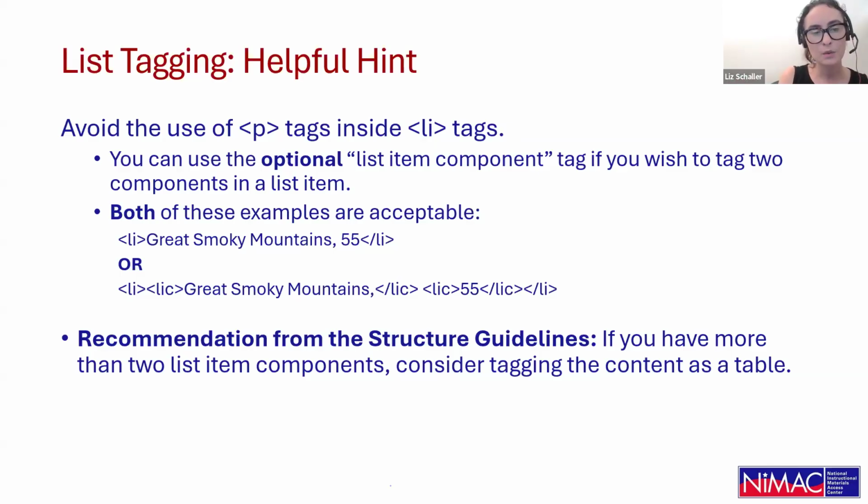The second example shows how to provide the two items within your list item in separate list item component tags. Both of those examples are acceptable. And a recommendation from the structure guidelines to note is that if you have more complex information, including more than two list item components within a list item, you may consider tagging the content as a table instead of a list.